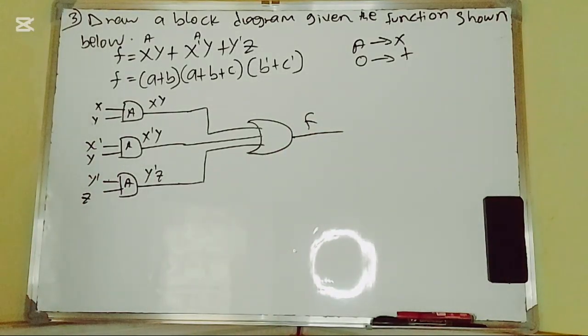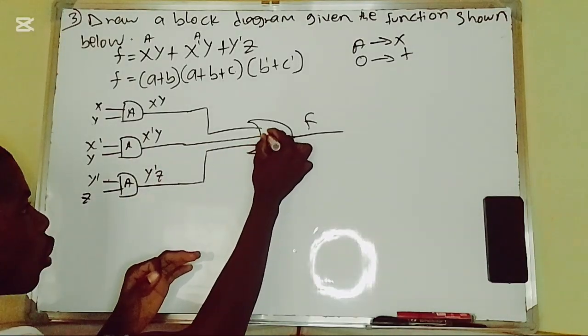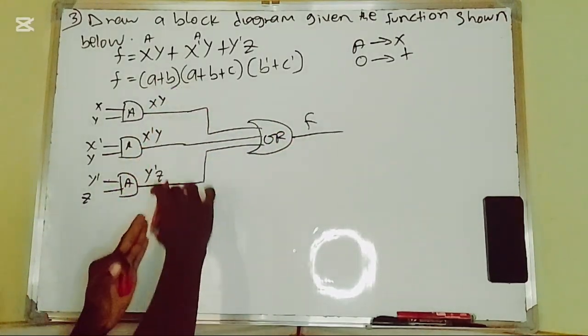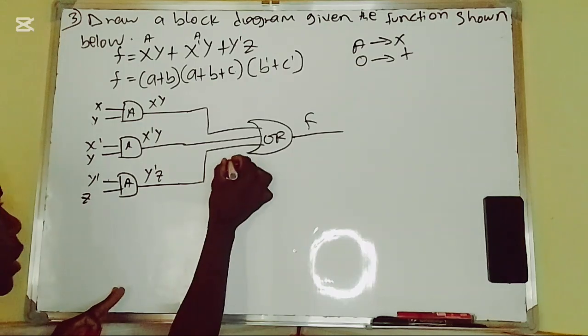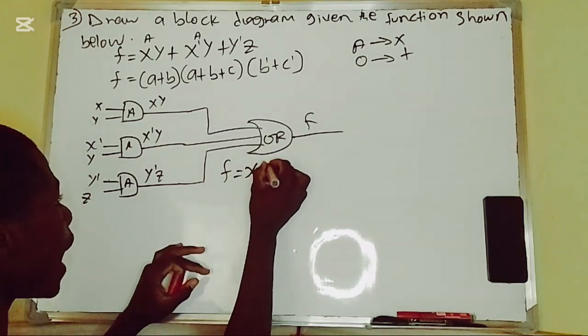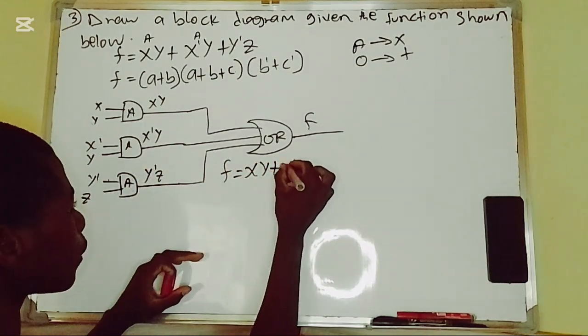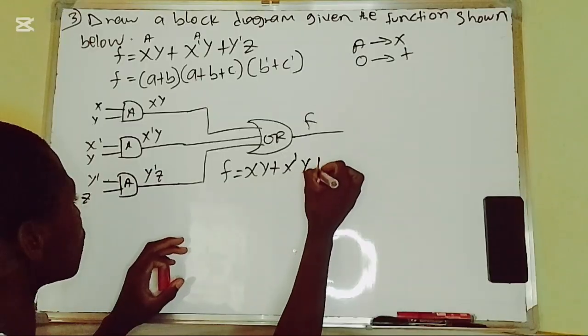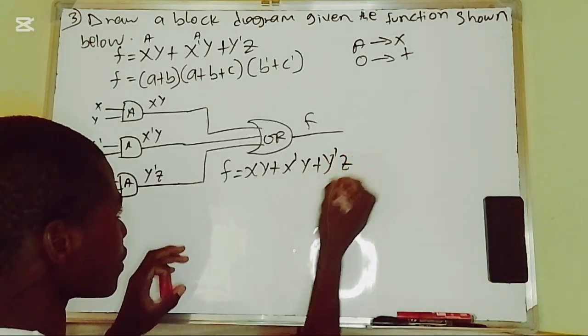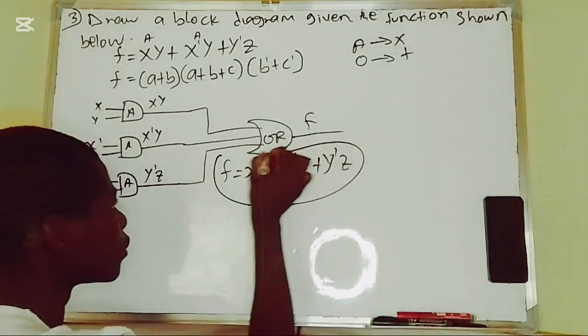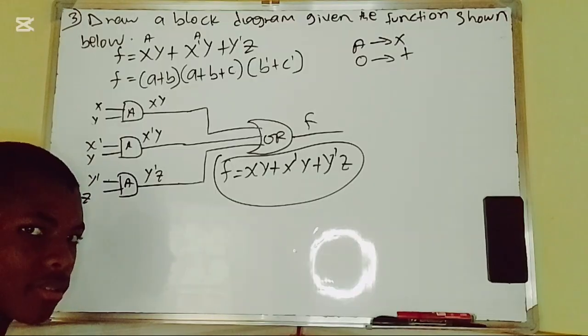So, as you can see, after that, this is the OR gate. The OR gate will carry those 3 inputs and sum them. The function will be XY plus X prime Y plus Y prime Z. It turns back to this.